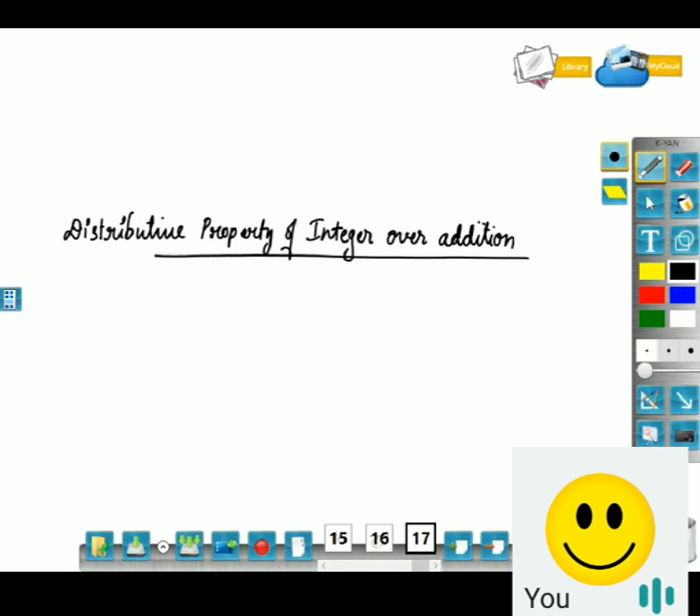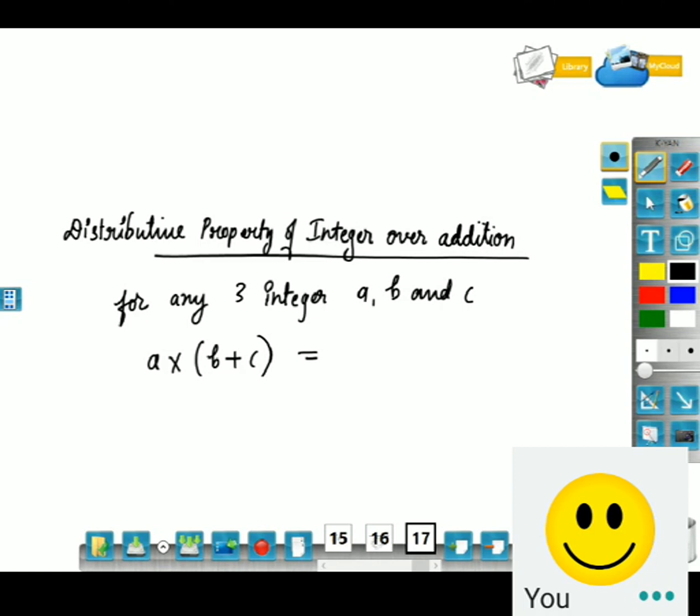According to this property, what it says, for any three integers a, b, and c, a into (b plus c) is equal to, what is the answer for this one? A into (b plus c) according to distributive property.